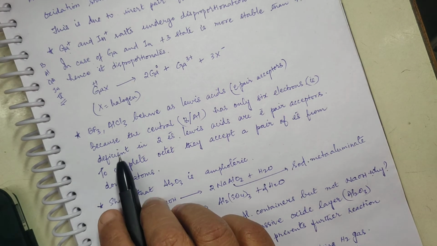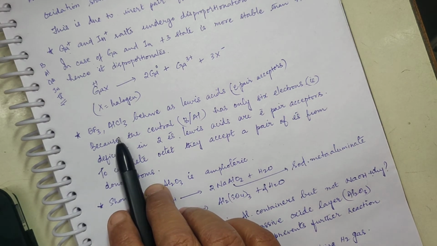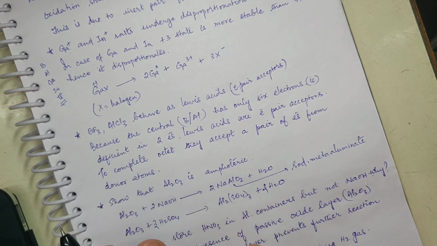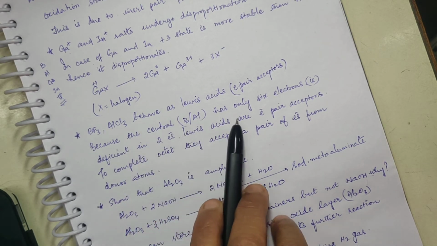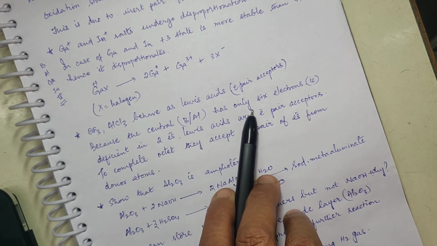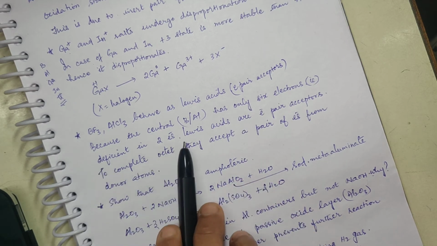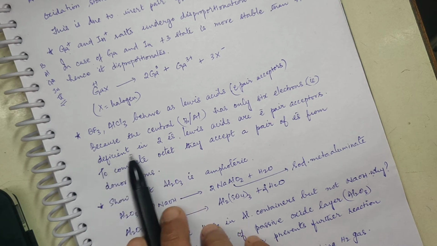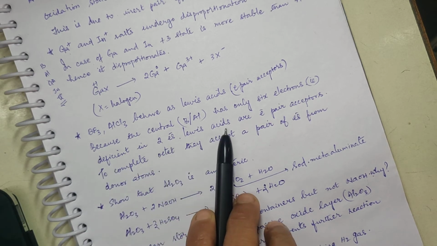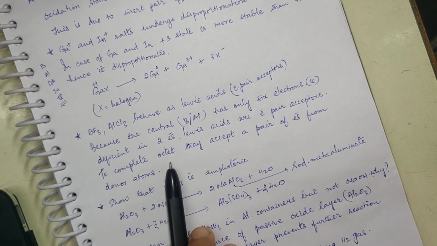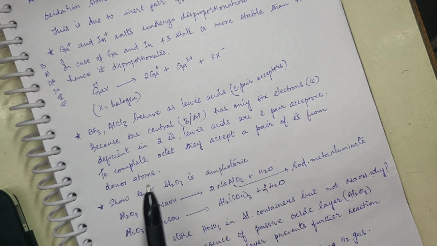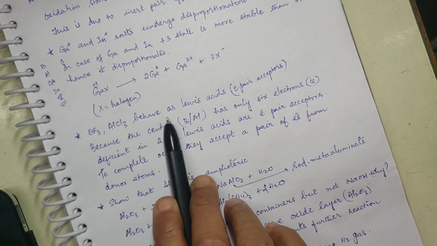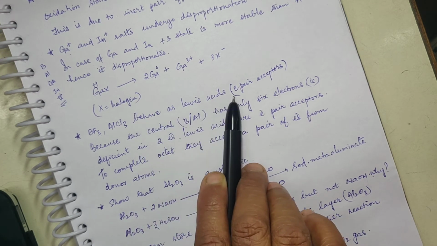So, if the central atom has only 6 electrons, it will have the tendency to gain 2 more from any donor atom. Octet is more stable. It has only 6, that means it is deficient in 2. To complete their octet, they accept a pair of electrons from donor atoms. That is why they behave as Lewis acids.